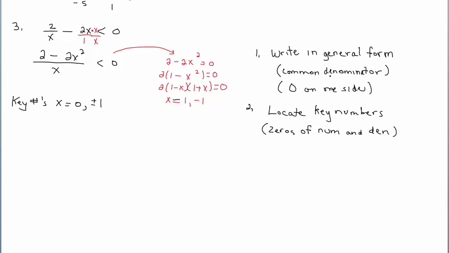So we wrote in general form, we got a common denominator, 0 on one side, locate the key numbers. That means we had to set the numerator and denominator equal to 0, get those key numbers. Okay, next thing, we're going to create a number line with these key numbers.